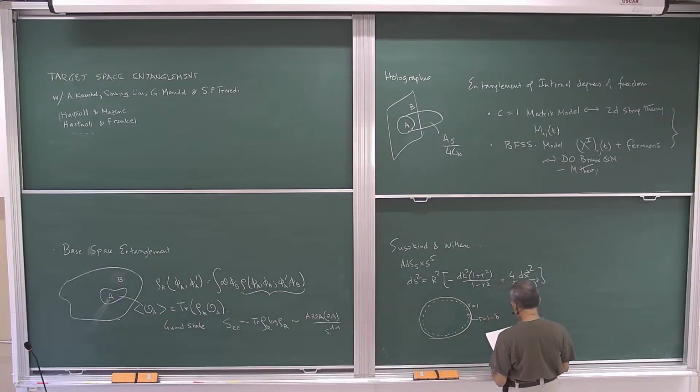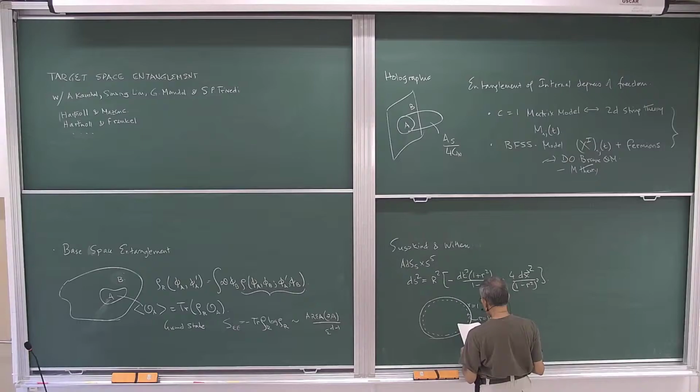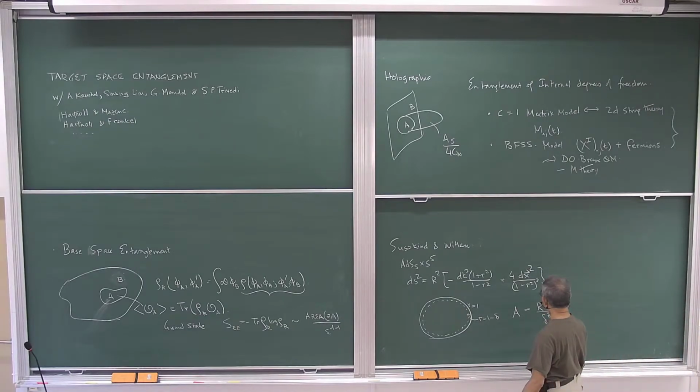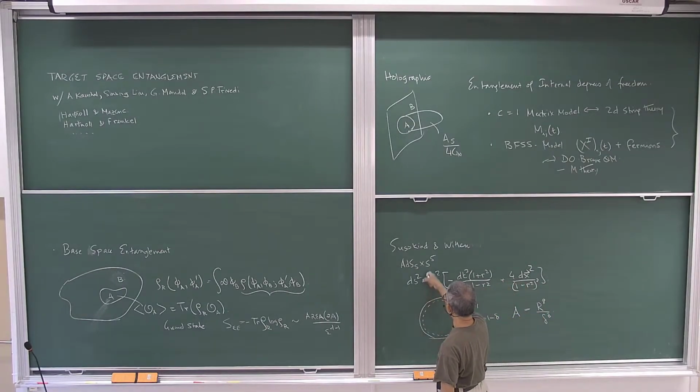So if you do this calculation, what you find is that the area in AdS5 cross S5 is given by this formula. There are 8 powers of R, which comes from the fact that there is an S5, which gives you 5 powers of R, and this is an S3, which has 3 powers of R. That's where it comes from.